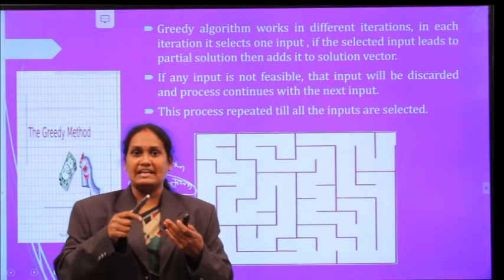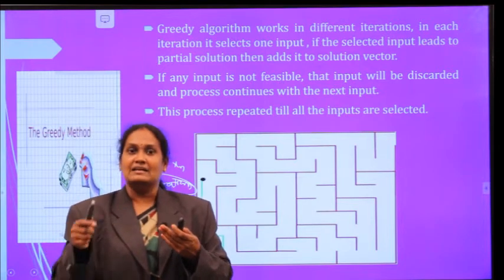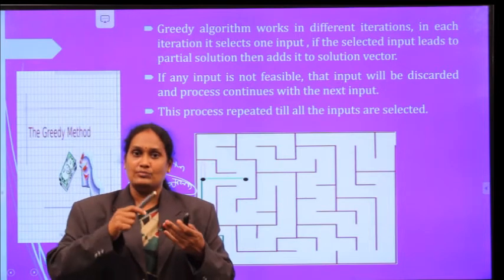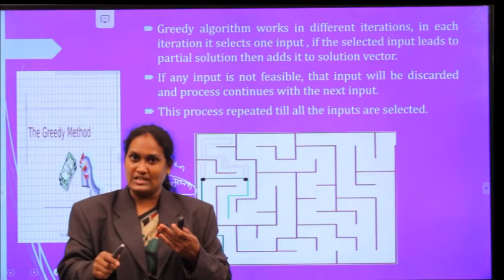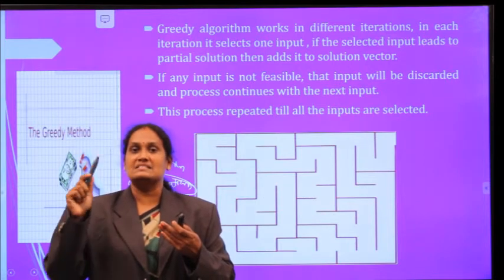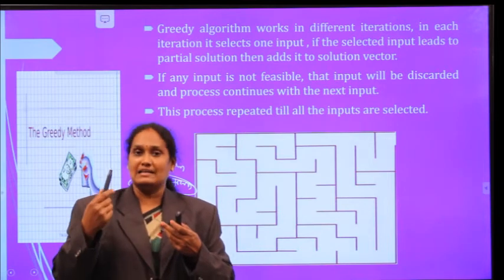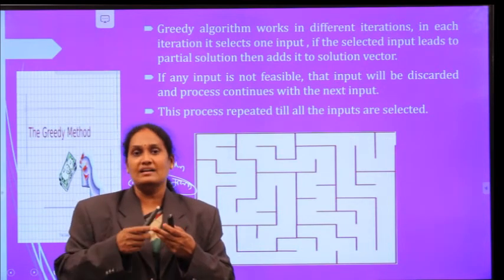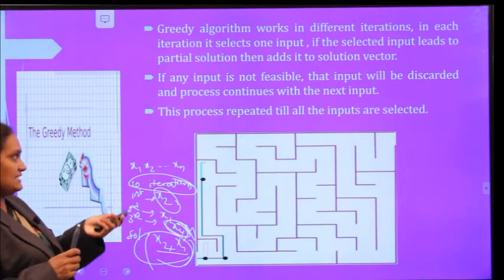If that input leads to feasibility, that is, it satisfies the constraints, it is added to the solution vector. If any input is infeasible, it is discarded from the process and the process continues to select the next input. This process continues till all the inputs are completed. So this is the greedy general method.